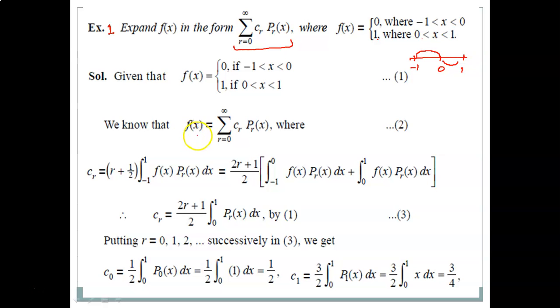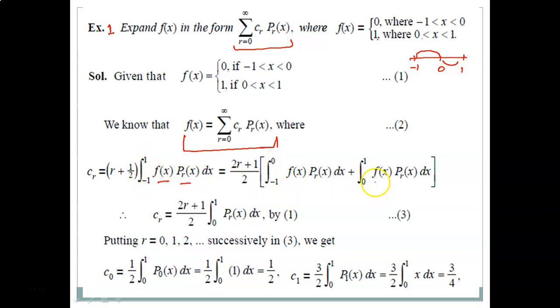Now we want to expand this f(x) in terms of the Legendre polynomial, that means in this form. The expansion in terms of Legendre polynomials is written like this, where c_r is equal to (2r plus 1) by 2 times the integral from -1 to 1 of f(x) P_r(x) dx. Now you break the limits of the integral into two parts, -1 to 0 and 0 to 1.